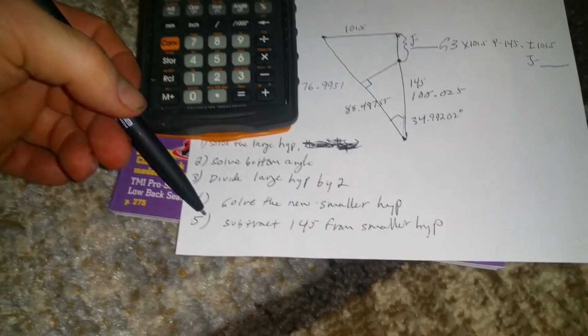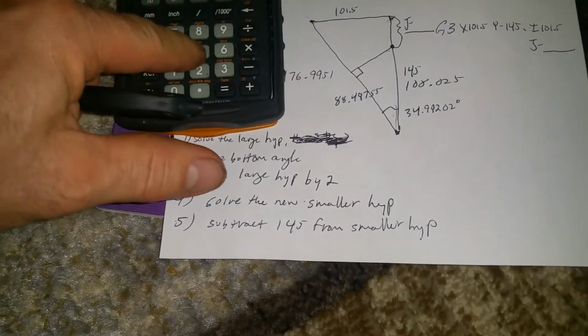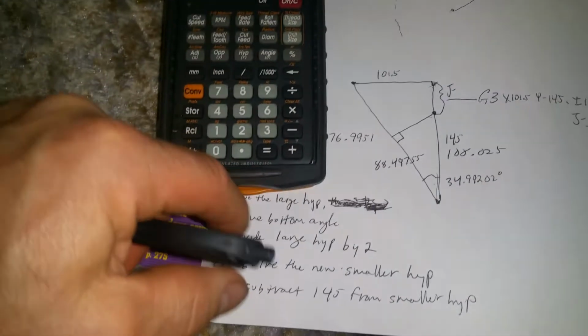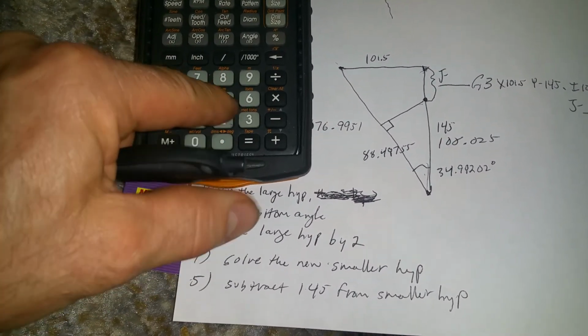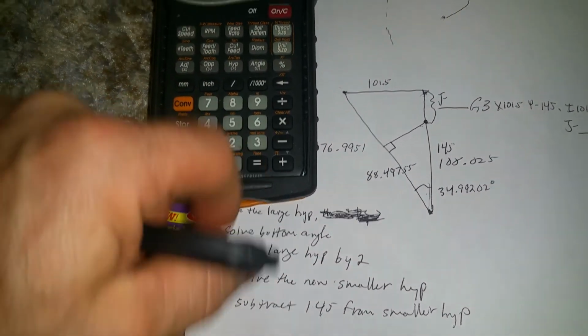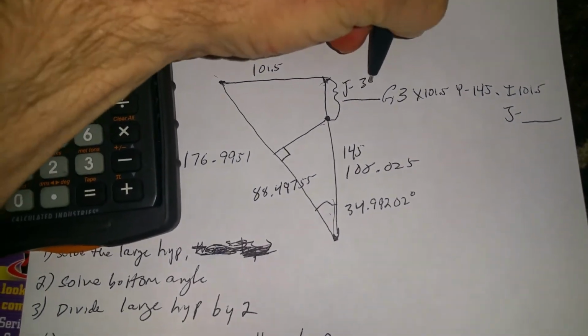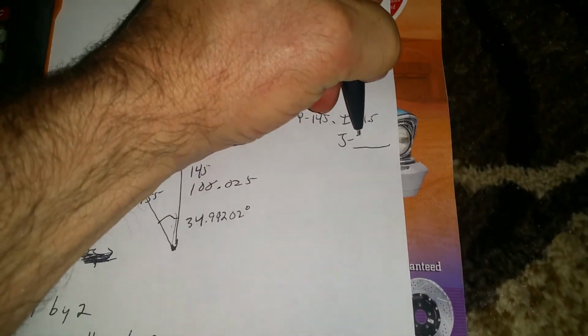Now we've got to subtract that from 145. 145 minus 108.025 equals an answer of 36.975. Well, there you have it.